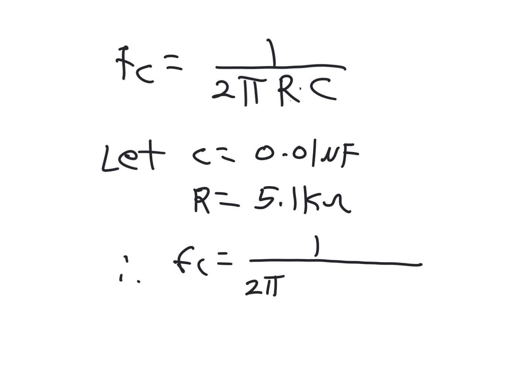equals 1 divided by 2 pi times R times C. Don't forget to enter the value as micro, 10 to the minus 6, in your calculator, and I just work that out.